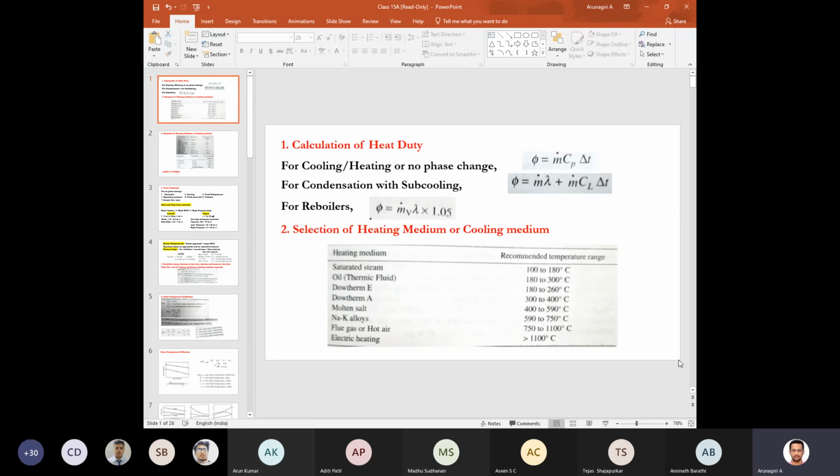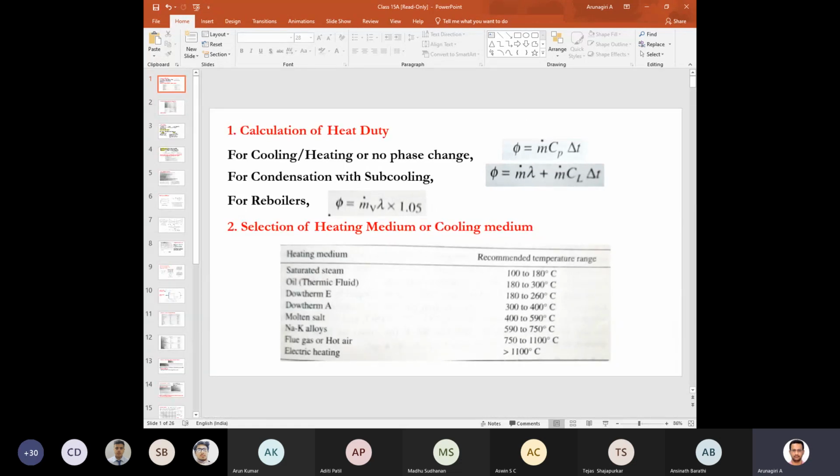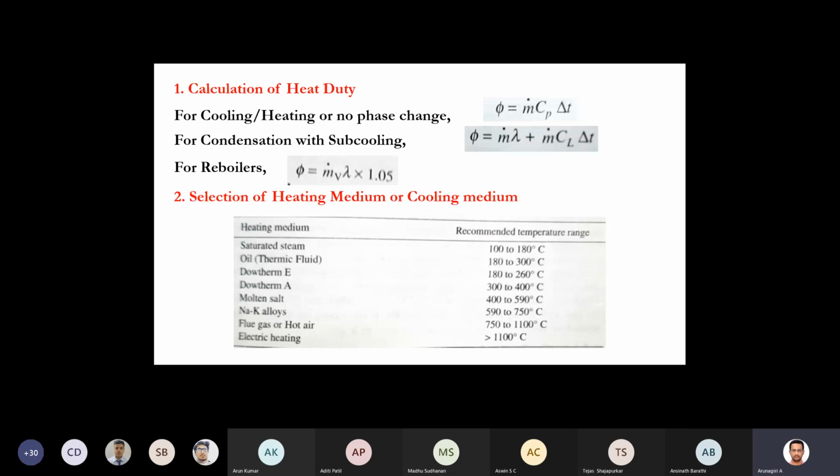Are you getting my slides? Yes, sir, the slides are visible.